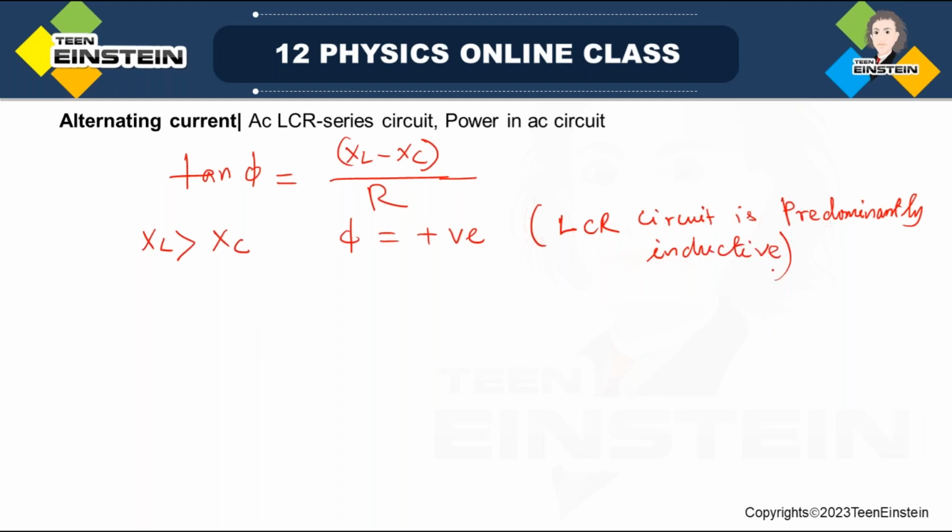Inductive. And when XC is greater than XL, then phi is negative.